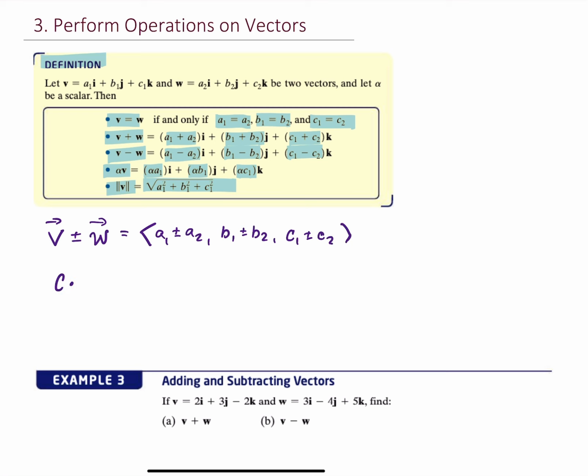And then scalar multiplication, that would be c times a1, c times b1, c times c1. Probably should use another letter because of the double C's. I think that's why they typically use alpha here.